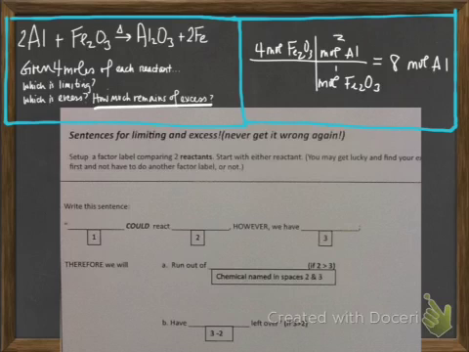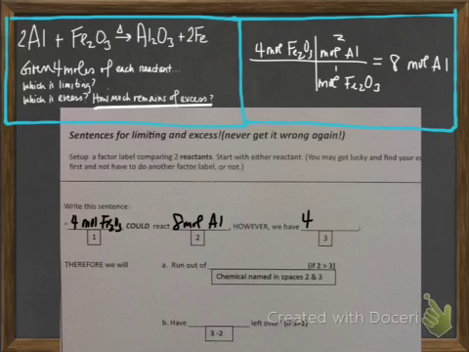Okay, so we've got our factor label, we've got our sentence, and now we're going to say, well, 4 moles of Fe2O3 could react 8 moles of aluminum. Because whatever goes in number 2 is, of course, the chemical and amount that we got as our answer.